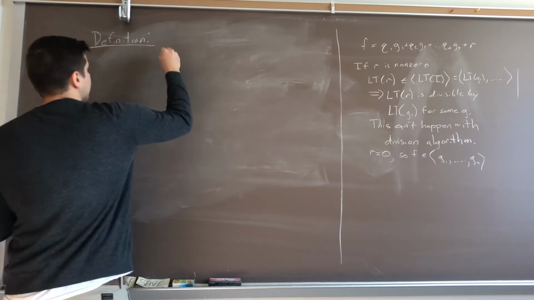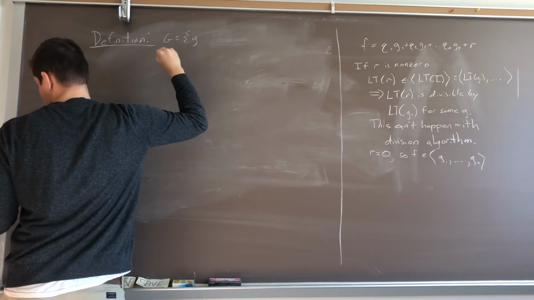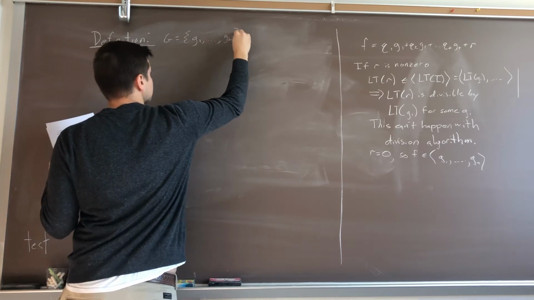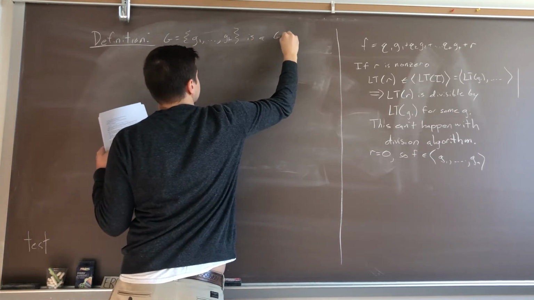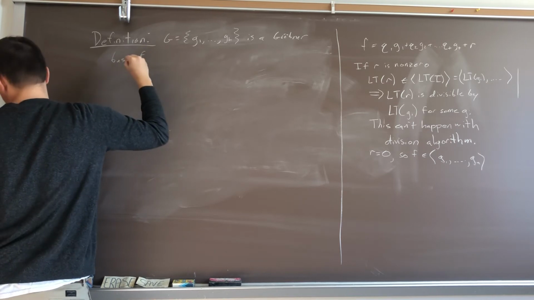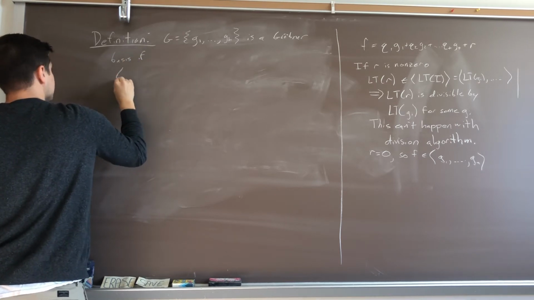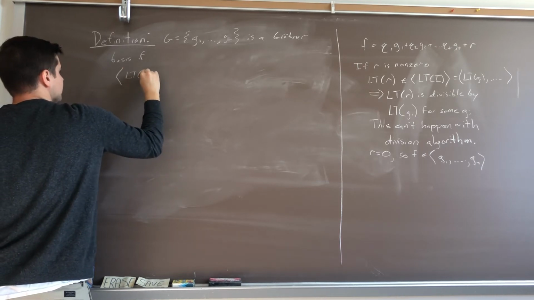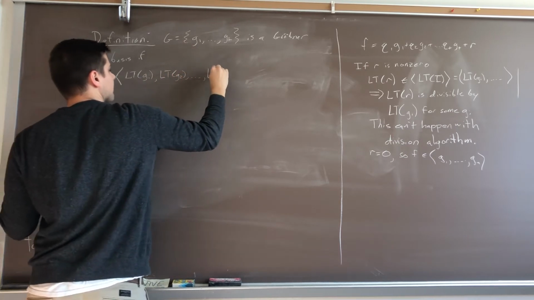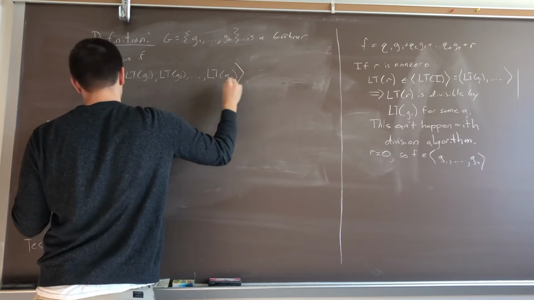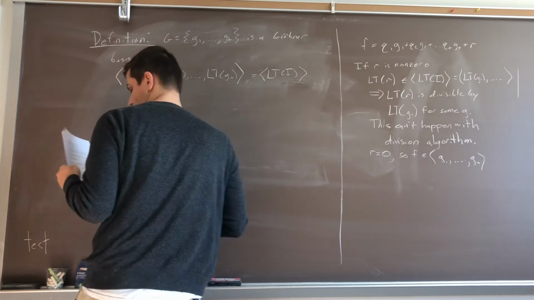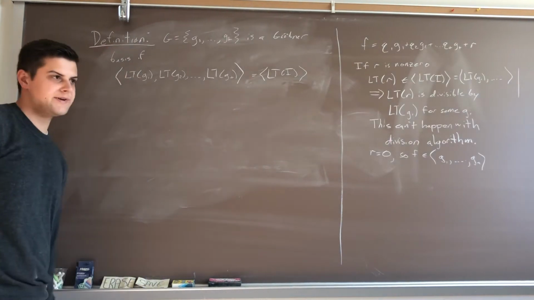So a finite subset G of an ideal is a Gröbner basis if it satisfies the following: the ideal generated by the leading terms of each of the g is equal to the ideal generated by the set of leading terms of I. And we're going to use the convention that a Gröbner basis for the zero ideal is just the empty set.